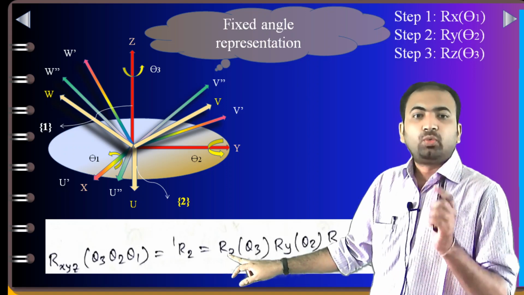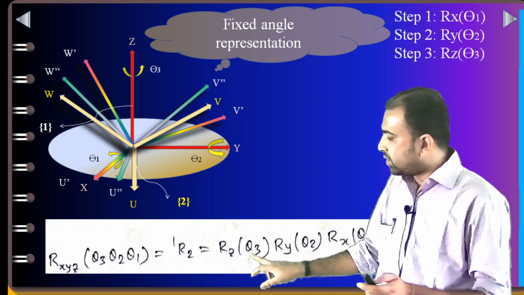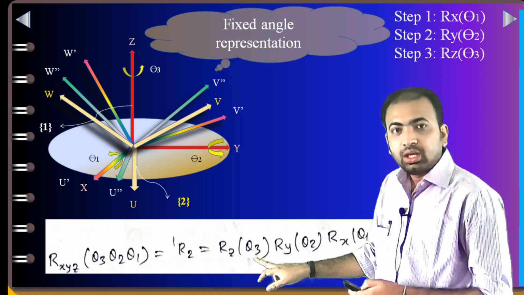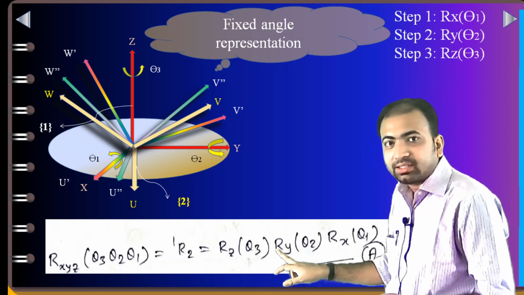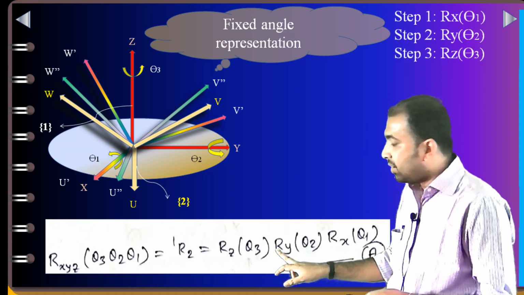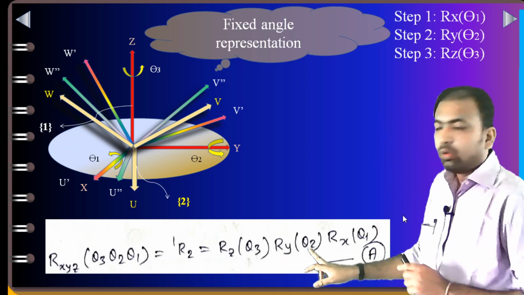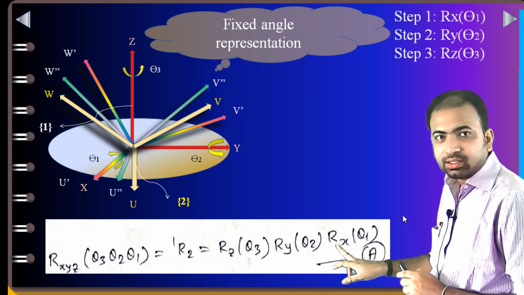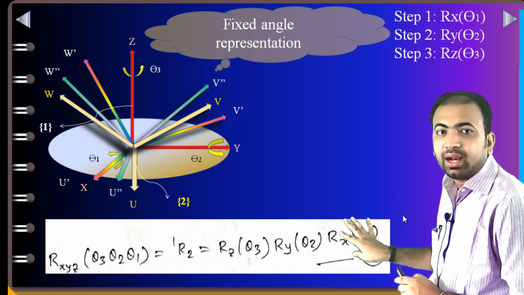That means we rotated the z axis by an angle theta 3, so that we have written first, and before that we performed rotation of the y axis by an angle theta 2, and initially we rotated the x axis by an angle theta 1, and that's why it is written at the end.